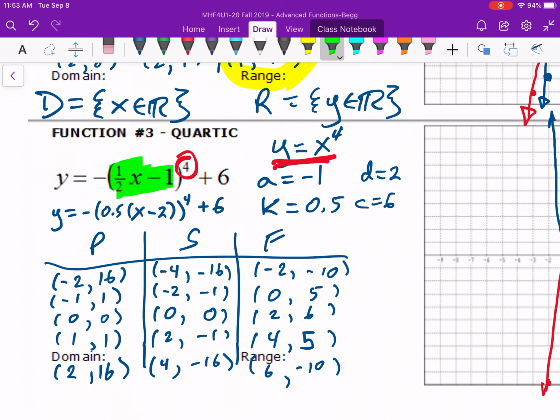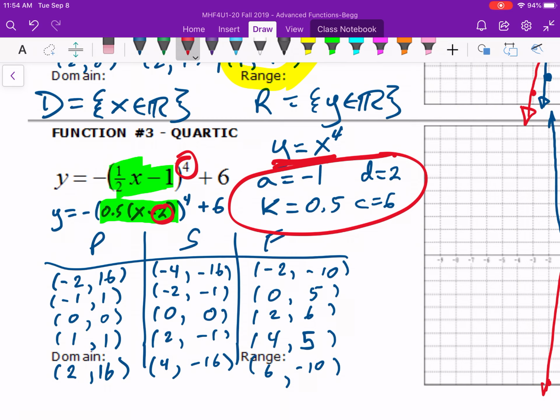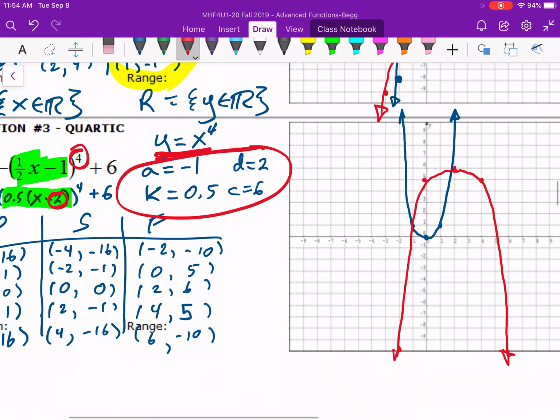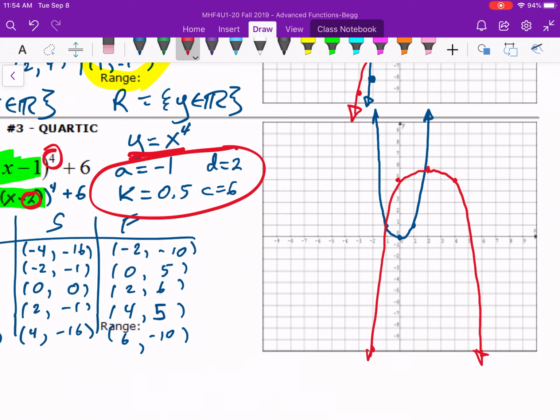So if you look below that 1/2, I just wrote it as a 0.5, and when I factored it out, put x minus 1 in brackets, factored it out, when I divide that 1 by a half, it actually gives me a 2 here. So my D value isn't positive 1, my D value is actually positive 2 because I had to factor out K. That's an important one. But beyond that, there's my A, K, D, and C. Use the mapping formula to do the stretch and the final. Plot it, you'll get it in red, and there it is.